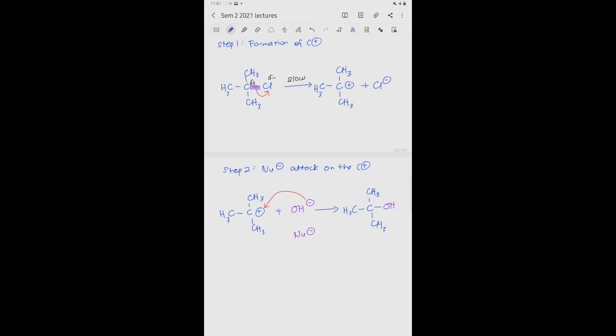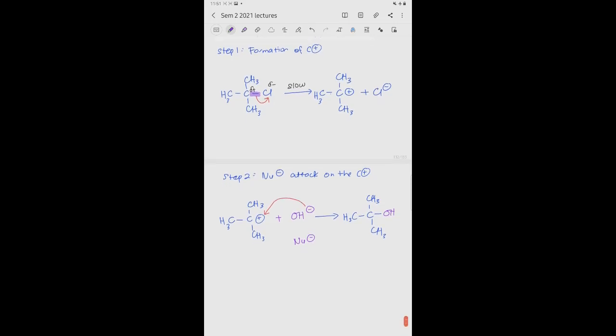I'm going to tell you a story to make it easy for you to remember this mechanism. Let's say C and Cl. Go to step 1. C and Cl is not a happy family. So one day they decided to break up. So C breaks with Cl.